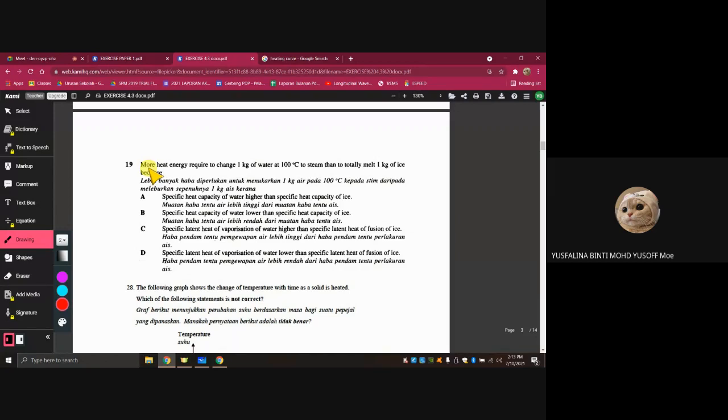But if solid to liquid, they only need to break the bond between the molecules. So that's why they need more energy. So the answer is that the specific latent heat of vaporization is higher. So the answer is C.